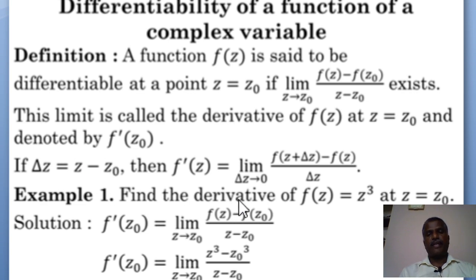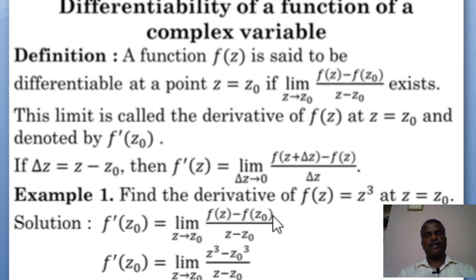Find the derivative of f(z) = z cube at z = z naught. As we know, the differentiation of x cube is 3x squared, so here also the differentiation of z cube is 3z squared. At z = z naught, it becomes 3z naught squared. Let us find it using the definition: f dash of z naught is the limit of (f(z) minus f(z naught)) divided by (z minus z naught).